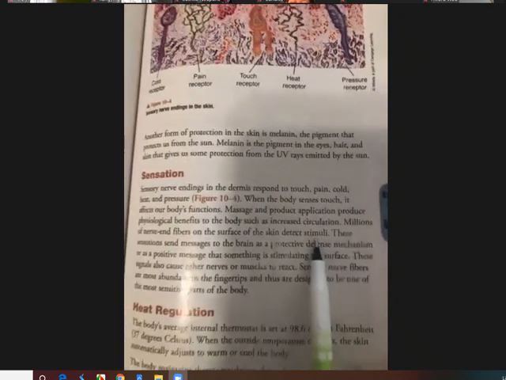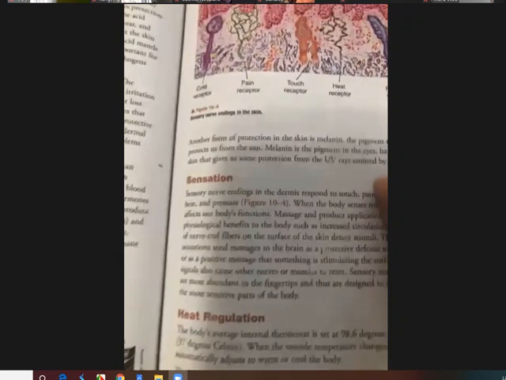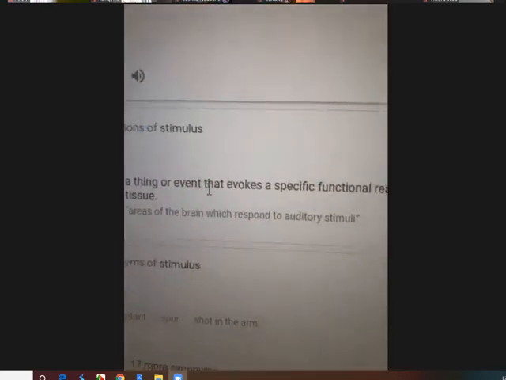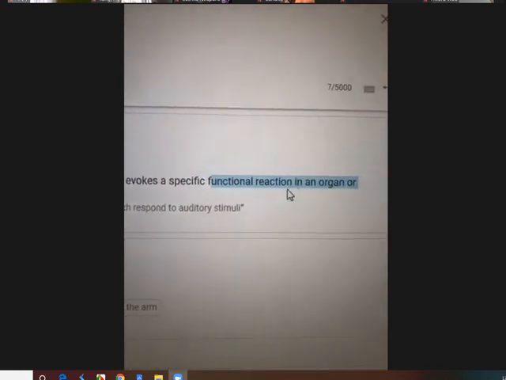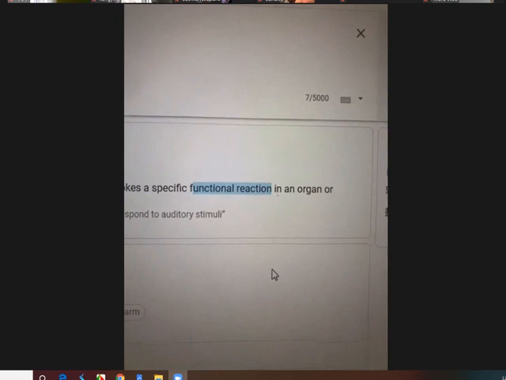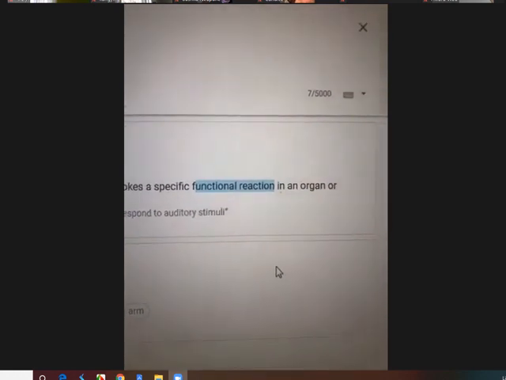Stimuli means what? Stimuli is a thing or event that evokes a specific functional reaction, such as when something touches you, it triggers our body to have a reaction.